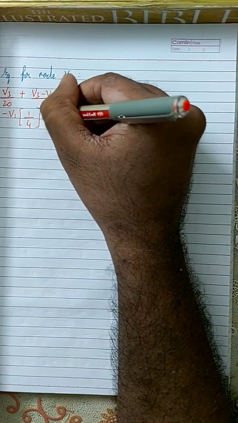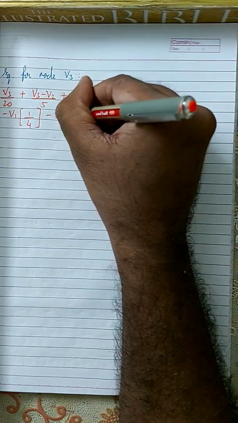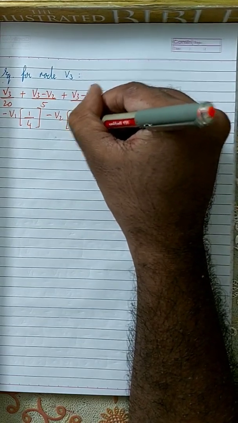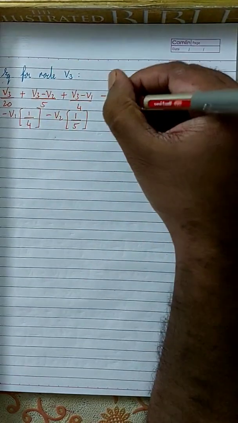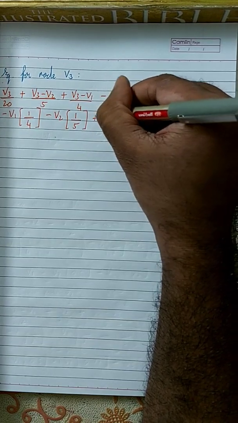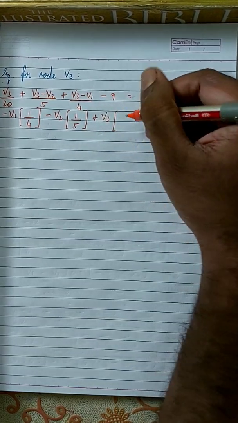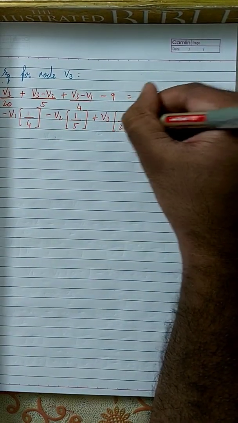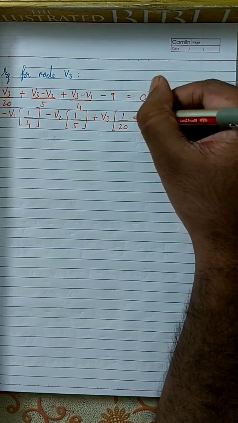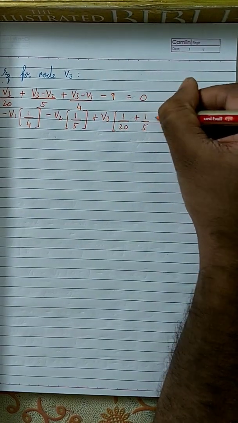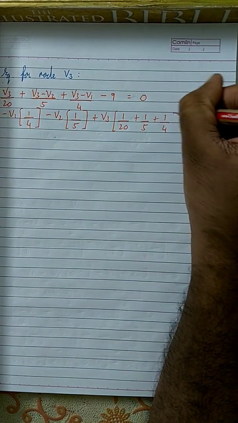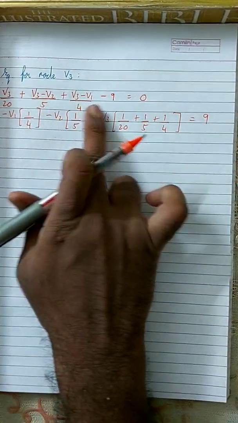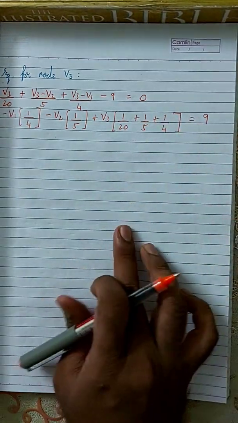Then minus V2 into 1 by 5, and then plus V3 into 1 by 20 plus 1 by 5 plus 1 by 4, is equal to 9. There are no other constants, so minus 9 becomes plus 9.